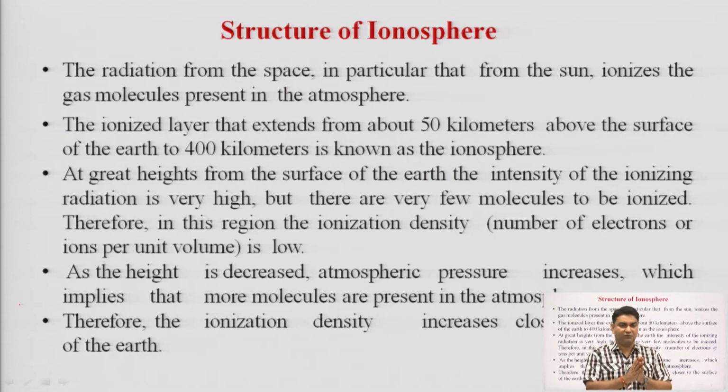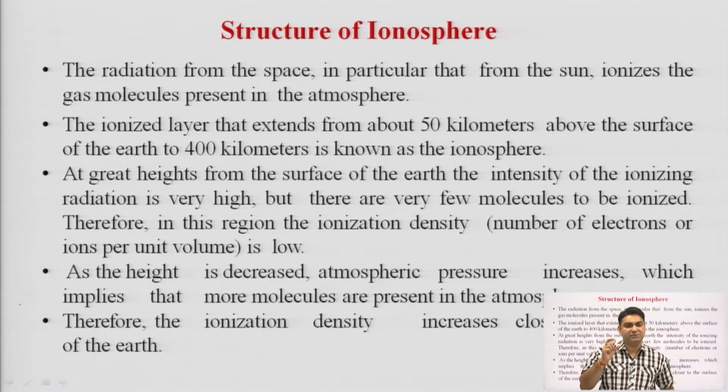One of the most important characteristics is the frequency range. When we talk about sky wave propagation or ionospheric propagation, it is limited to the frequency range of 2 megahertz to 30 megahertz.